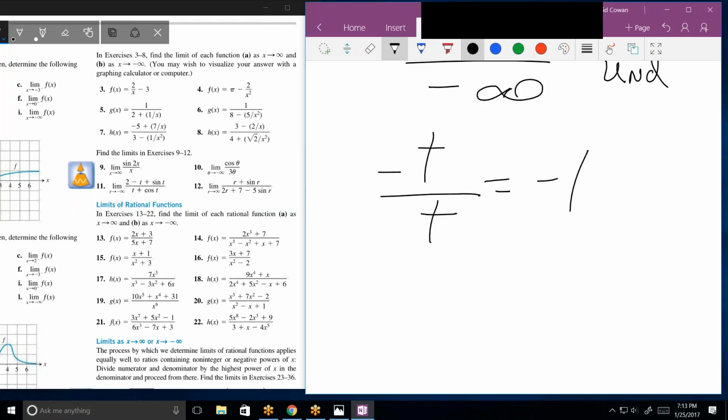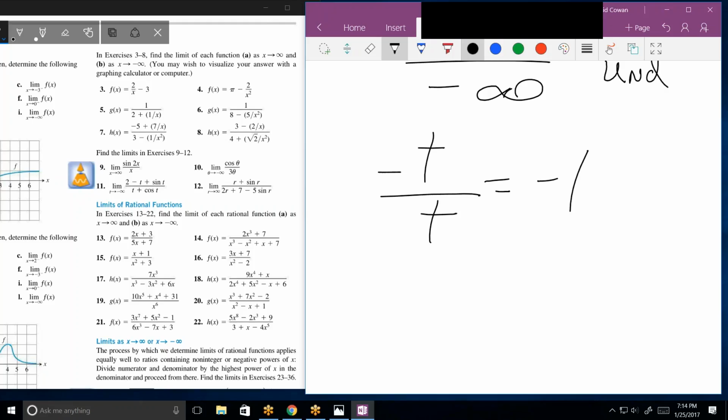So that's why it went to -1 on number 11, because the highest degree variable was t in the numerator and t in the denominator, and I don't really care about anything else. As the thing goes to negative infinity, then it's the ratio of those coefficients, -1.